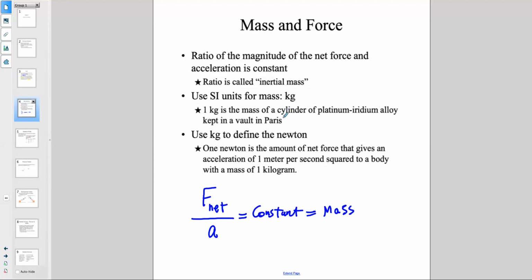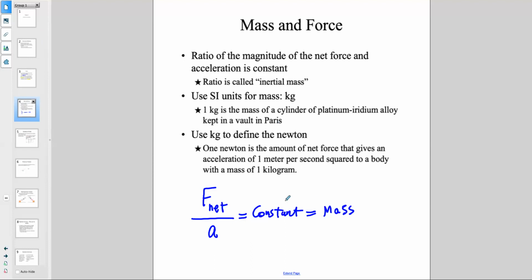This is also something that we covered in Chapter 1. So we use the kilogram to define the Newton. 1 Newton is the amount of net force that gives an acceleration of 1 meter per second squared to a body with a mass of 1 kilogram, okay?